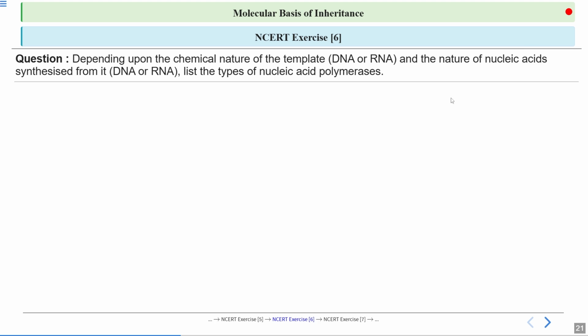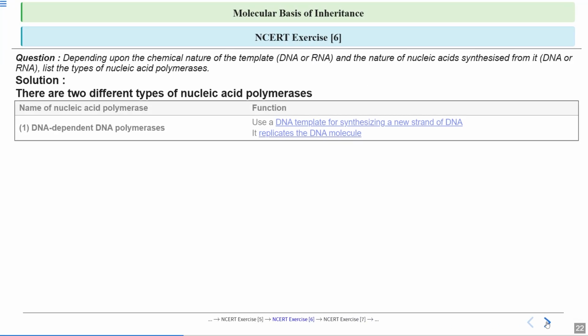We know that in this chapter we have studied two polymerases. First is DNA dependent DNA polymerase. Why are we calling it DNA dependent? Because DNA is the template. And DNA polymerase, because DNA is the nucleic acid that is synthesized from it.